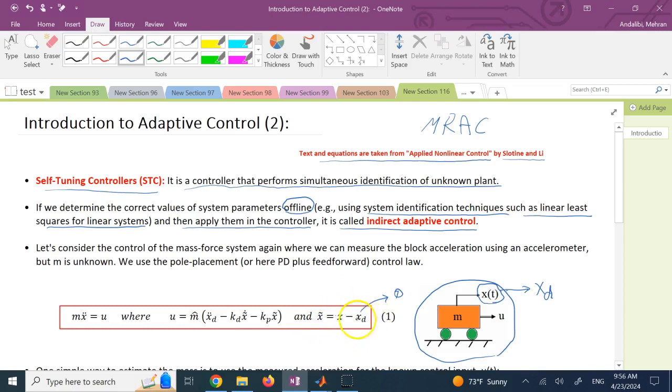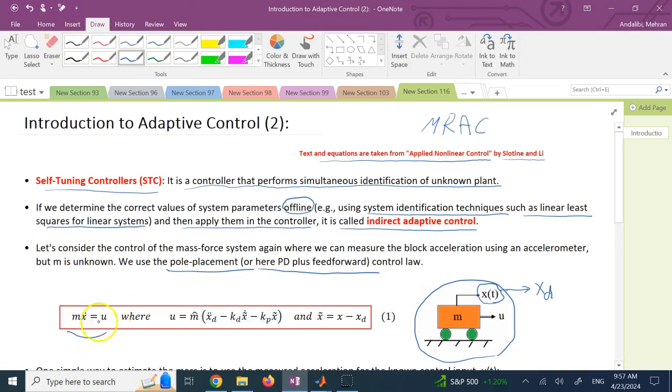And what that does is, in the control law that we had last time, which was PD plus feedforward, or you might also call it pole placement for a linear system, last time, if you remember, we had these two to be positive signs, positive KD x tilde dot, positive KP x tilde. This time, since we changed the sign convention, we also have to change these two positives into negatives. But it's essentially the same thing, okay?